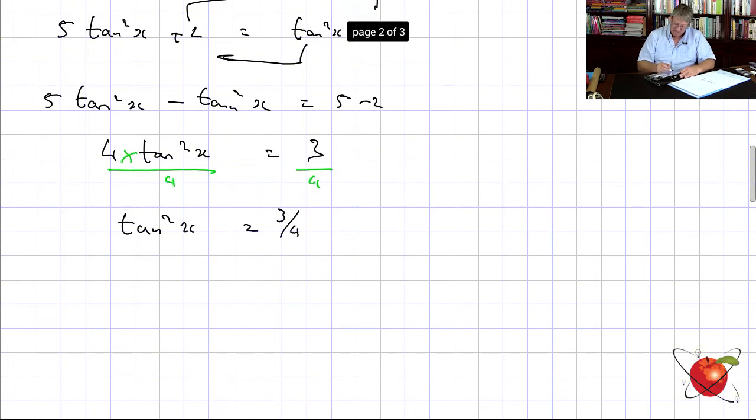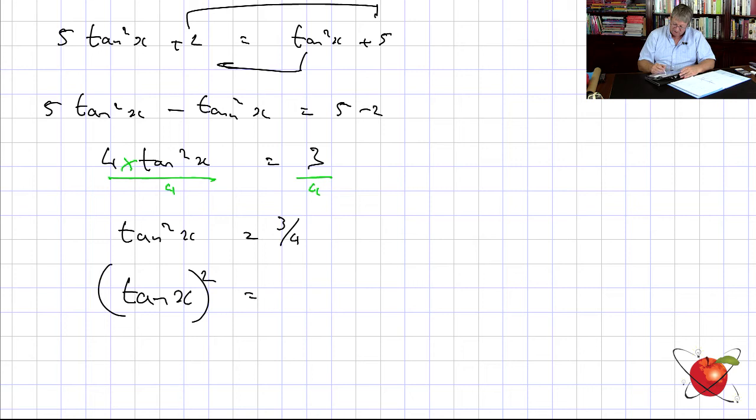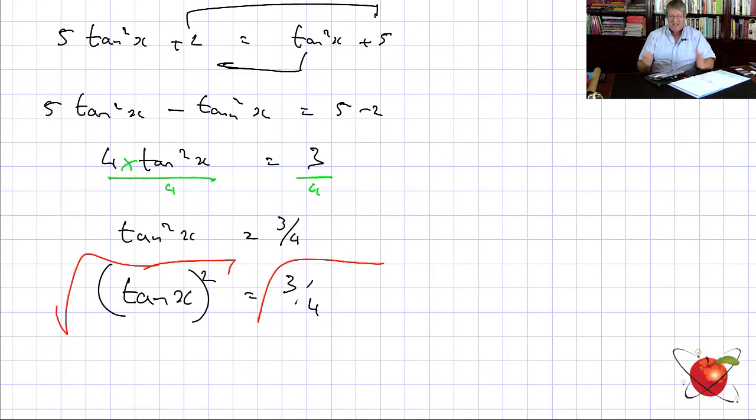My next step is I rearrange that and I call it tan x all squared is equal to 3 over 4. Okay, let me just make that look a bit tidier. 3 over 4. What do I do? I do the opposite. Okay, I'm peeling away. I take the square root of both sides. What is the square root of tan squared? Right? The square root of anything squared is itself. Okay?